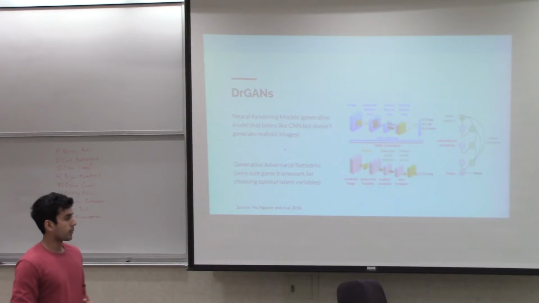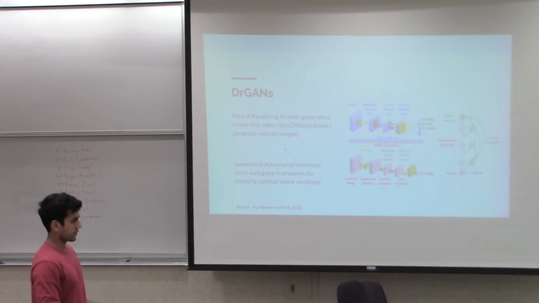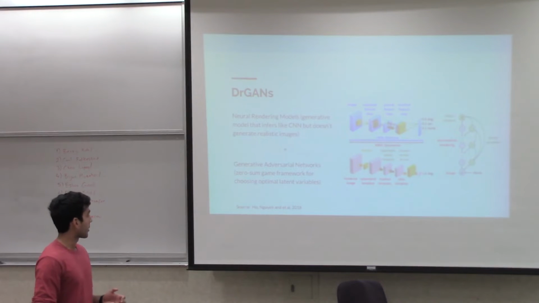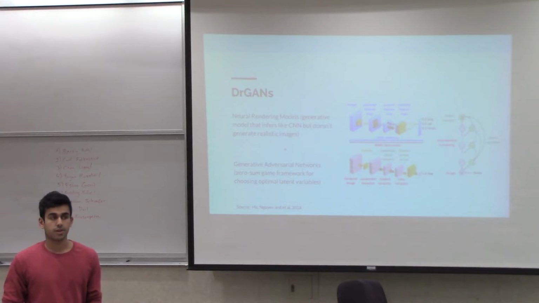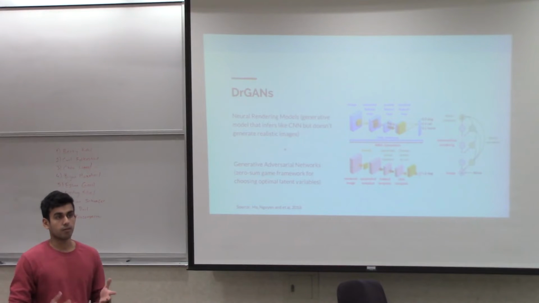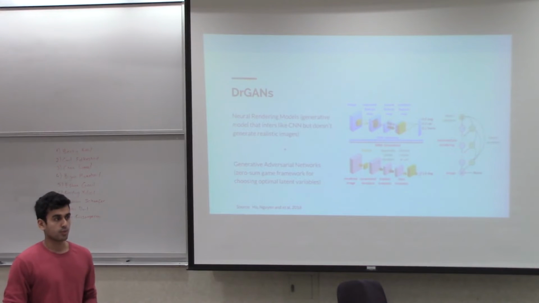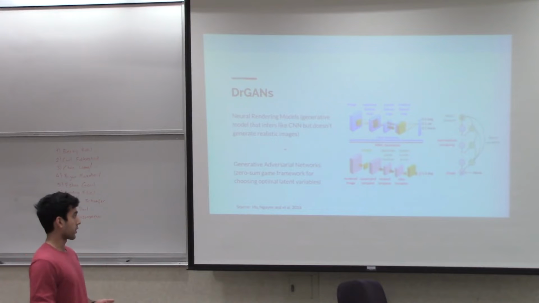One proposed solution that could potentially solve this problem are deep rendering generative adversarial networks, or DRGANs. What these do is combine neural rendering models, which are a generative model that essentially mimic convolutional neural networks at inference time, but are generally unable to produce realistic images due to a lot of additional latent variables.